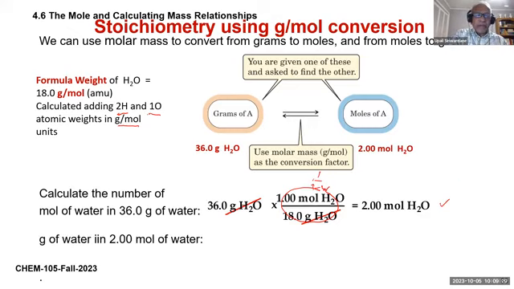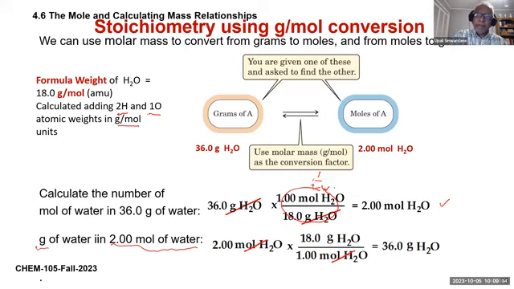If you need to convert moles of water to grams of water, you multiply by formula weight. If you divide here, you multiply here. So grams to moles conversion is pretty easy once you know the formula weight or the molar mass.